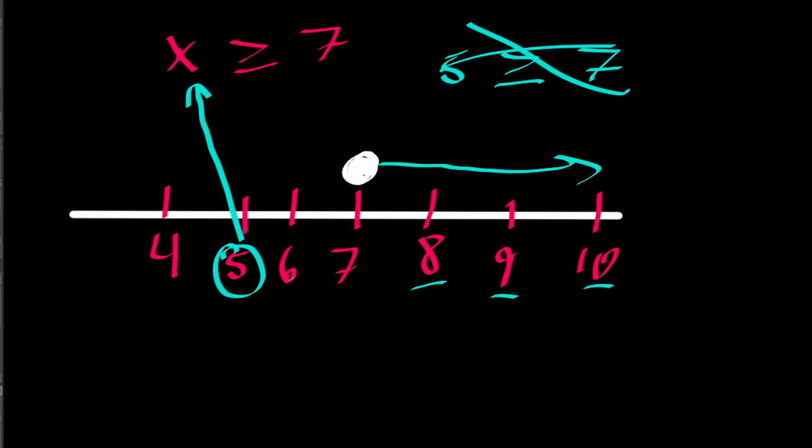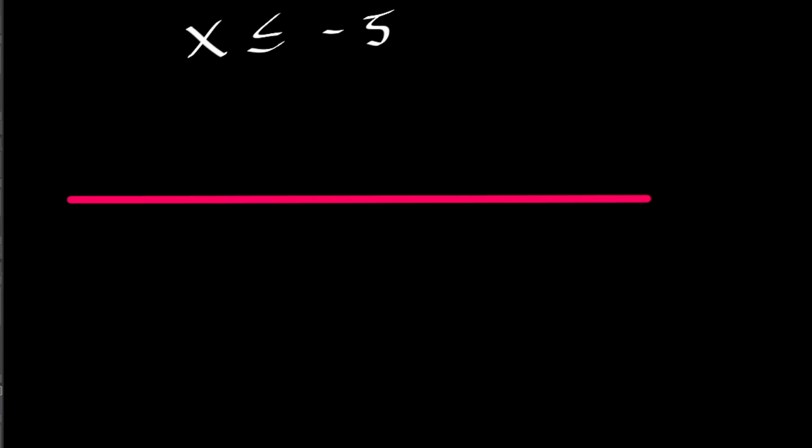All right, let's do one more. Let's see if you can do this one real quick. x less than or equal to -5. I'll just start my graph at -5 to make my life easier.